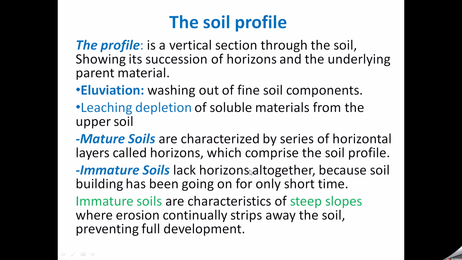Immature soil lacks horizons altogether, no horizons, because soil building has been going on for only a short time. So it needs more time to build the soil profile. Immature soils are characteristic of steep slopes. Steep slopes have no mature soils, where erosion continually strips away the soil, preventing full development.